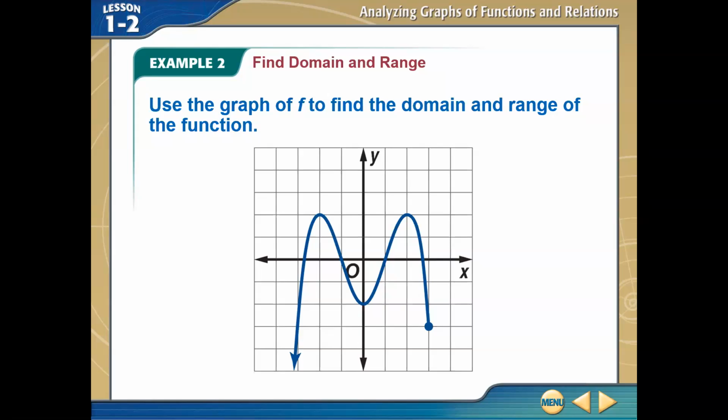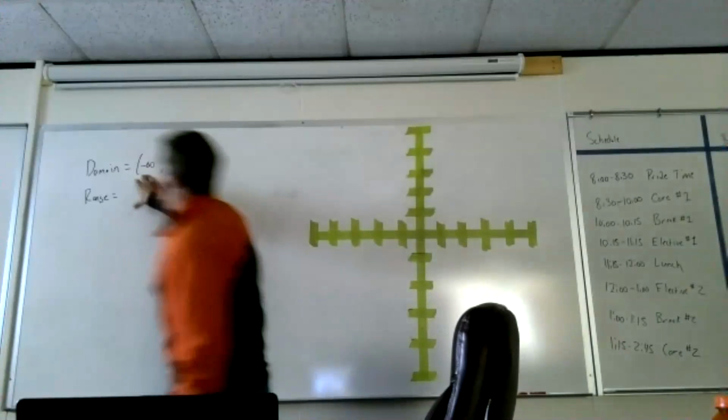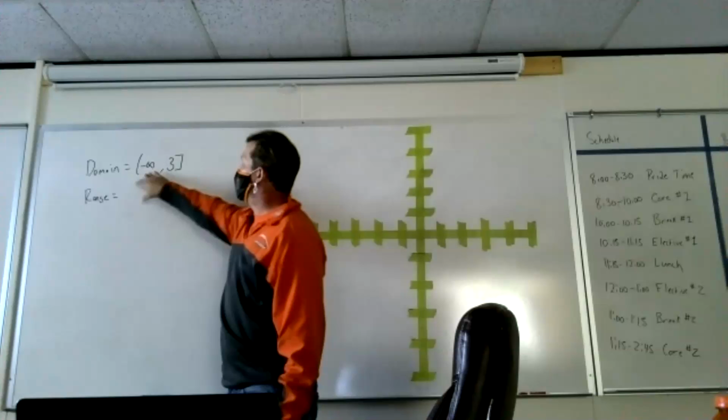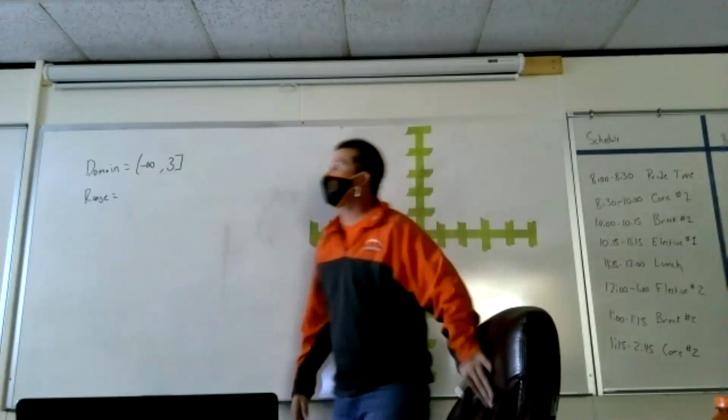We're not going to imagine that a discontinuity happens in an area where that's not shown on the graph. So the domain for this one, using interval notation, is negative infinity to positive 3, expressed just like this: parenthesis, negative infinity, bracket around 3 to show that it is contained.